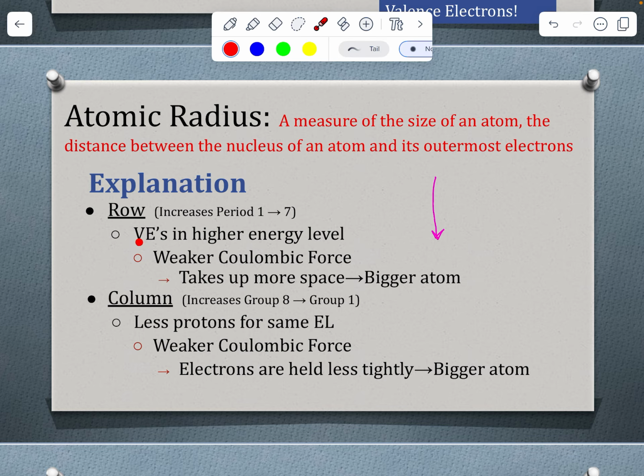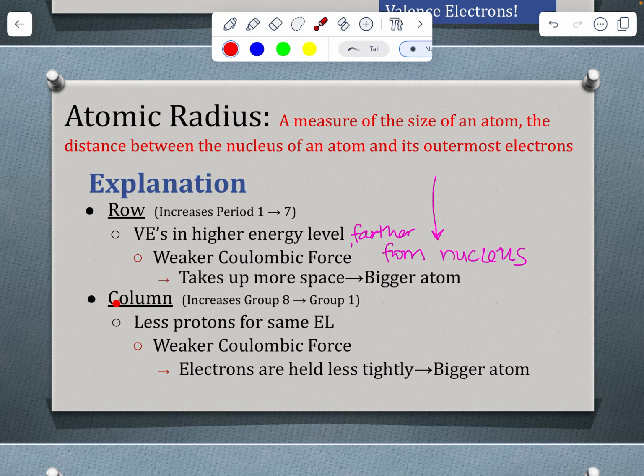This is because our valence electrons are going to be in a higher energy level, which means that they are farther from the nucleus, which means we also have a weaker Coulombic force. And so those electrons are going to take up more space, meaning we have a bigger atom.